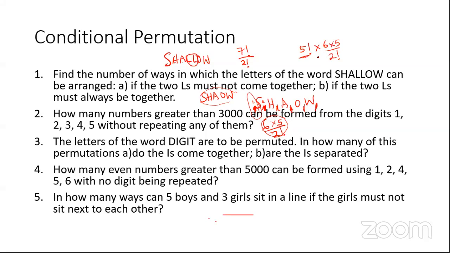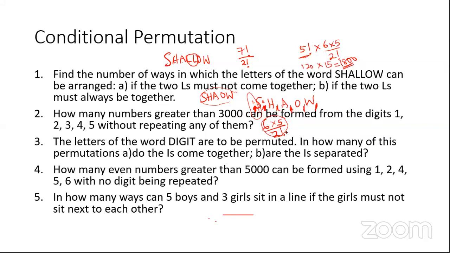So what will that answer be? 5 factorial is 120. Then 6 times 5 over 2 should give us 15. So 120 times 15 should give us what? That's 1,800. I hope you get that.